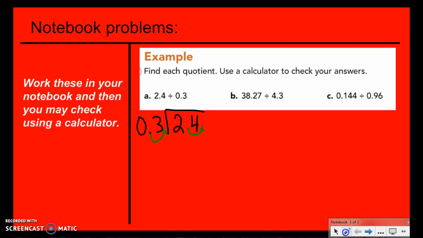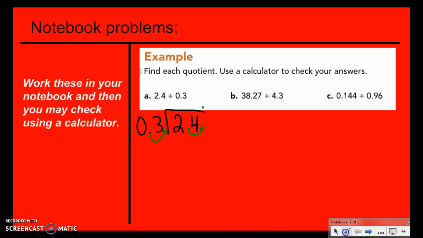Okay? Go ahead and move your decimal place above on the number line where it belongs. And then you're going to have a problem with 24 divided by 3. That is much easier than having to do 0.3 and 2.4.